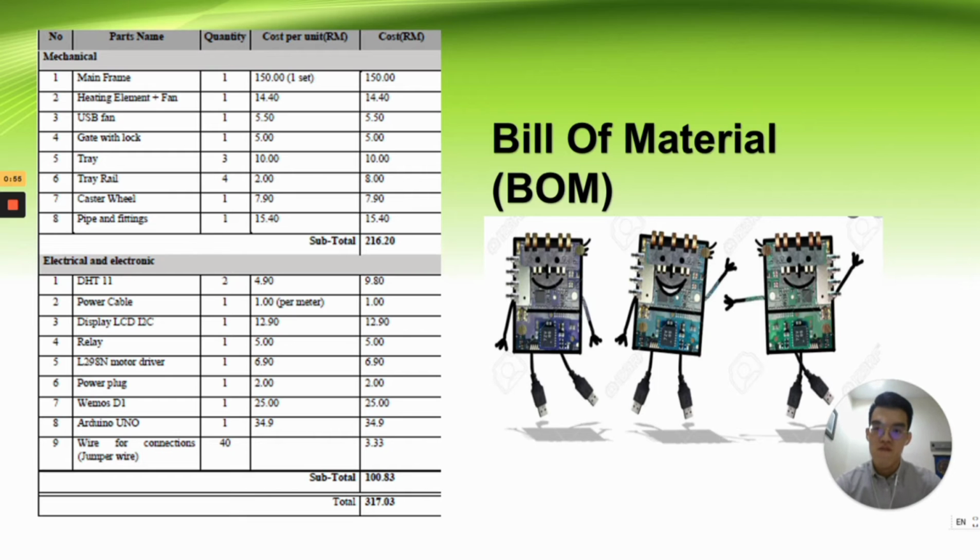This is the bill of material. We can see the price per unit cost for each of the materials used in the prototyping, and the total cost, subtotal, and the total cost is RM317.03.